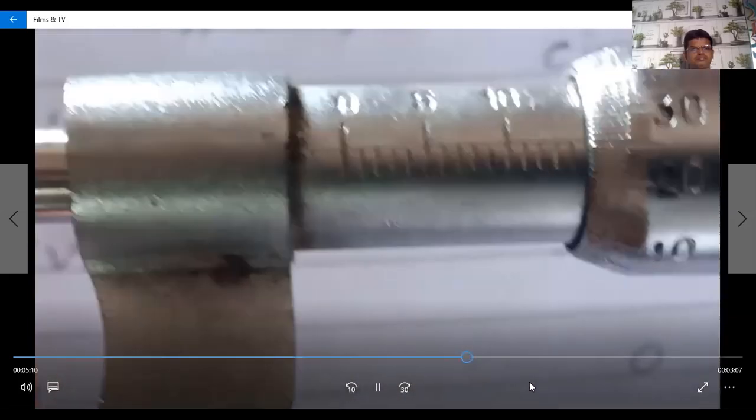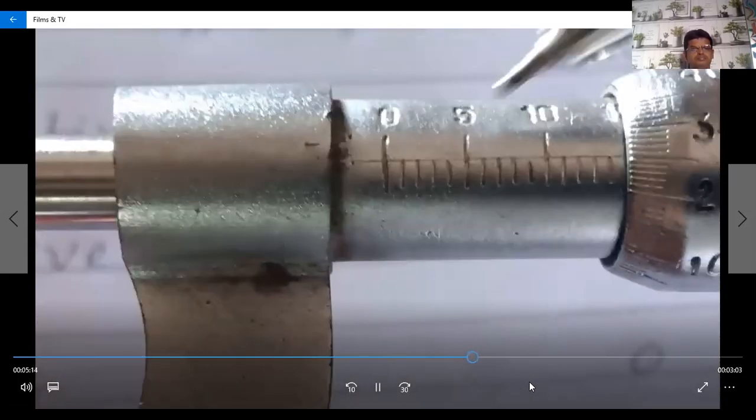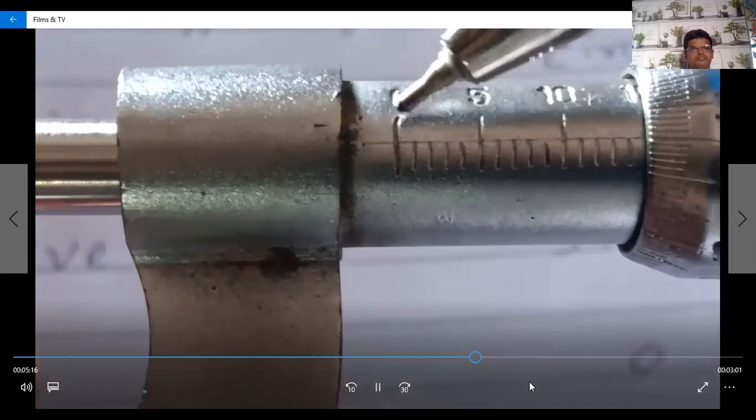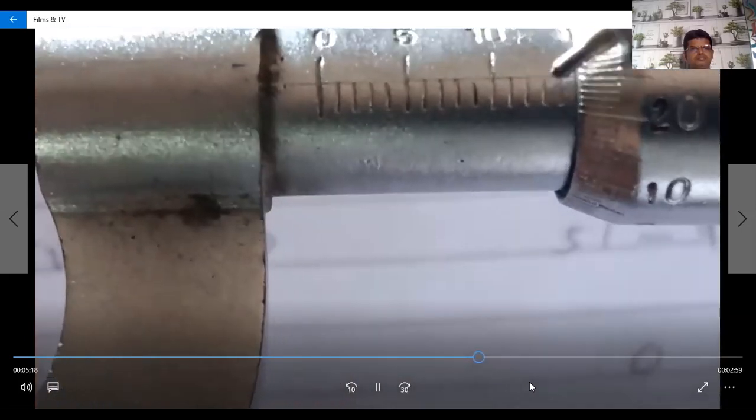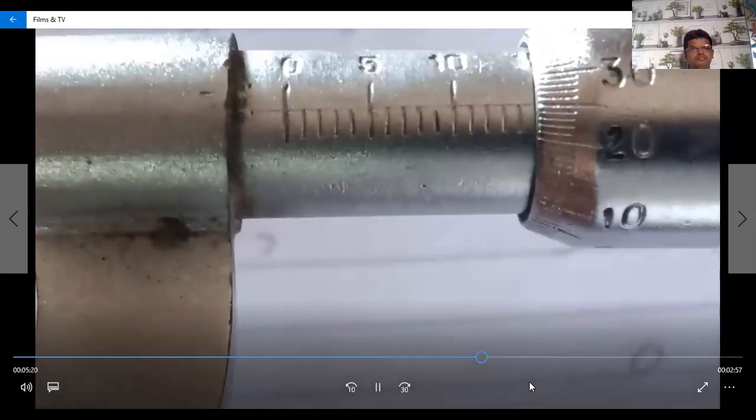First you see one straight line on the main scale, so we consider this straight line, and after that we look for the error on the circular scale. So how is that possible? First you move this screw and fit it here.